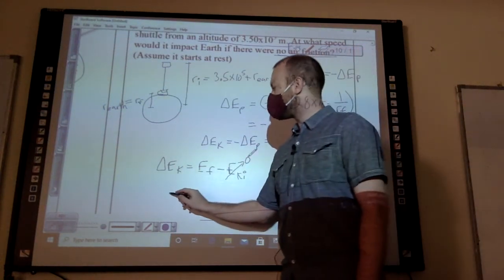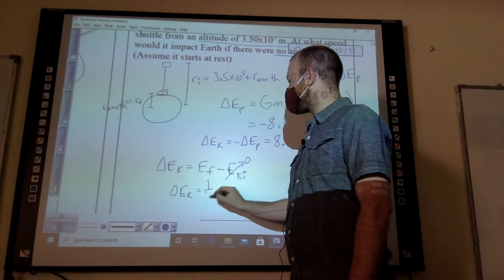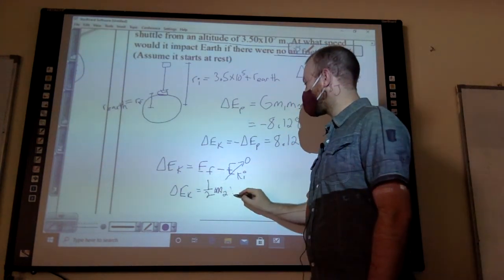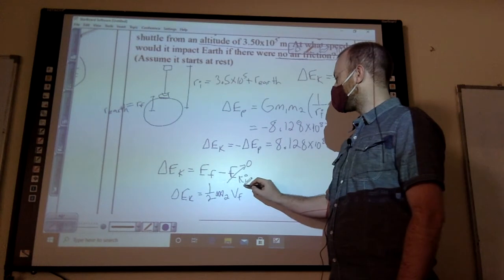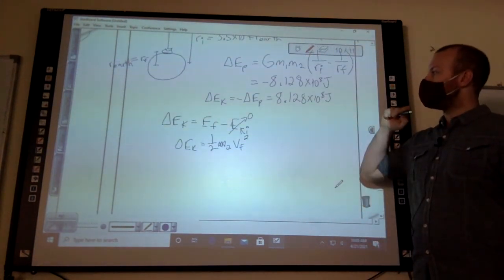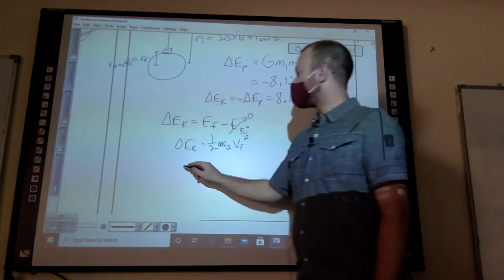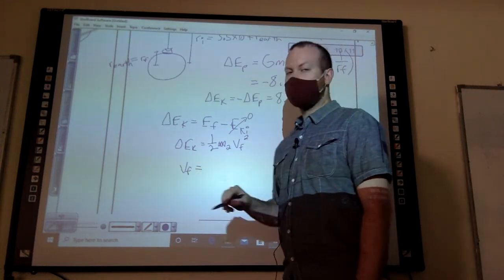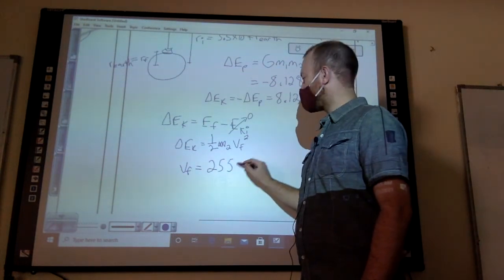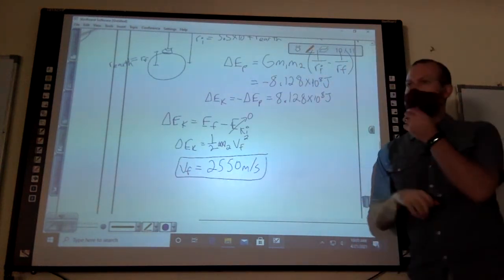So therefore, change in EK is equal to a half m. I'll write m2 just so we are clear, it's the satellite, VF squared. I have change in EK. I have the mass of the satellite. I can solve for VF. Doing all this, we get this.